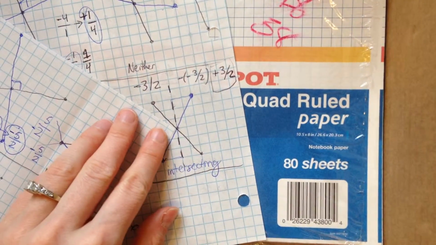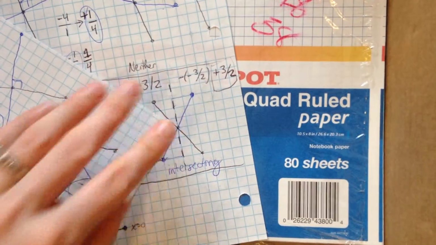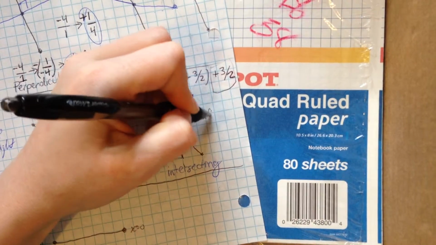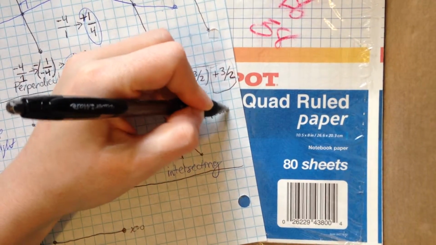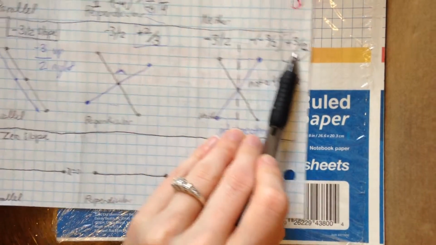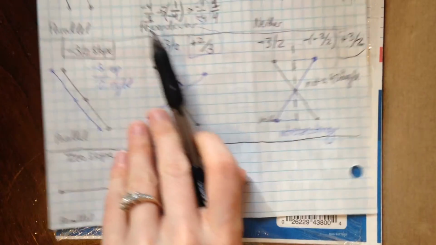And when I stick it here, there's an obtuse angle. There's definitely extra space between the corner. So this is not a 90-degree angle. Not a 90-degree angle. That's one of the biggest tests, is they'll throw you this 3/2, and that is neither perpendicular nor parallel to this -3/2 slope.